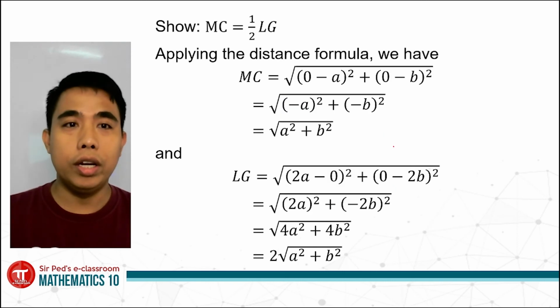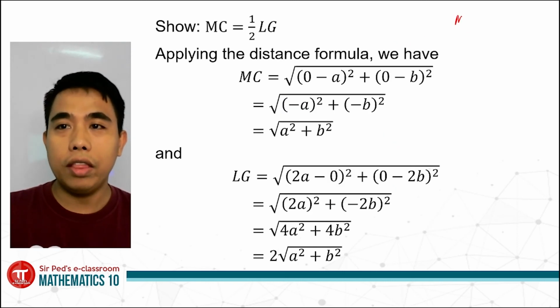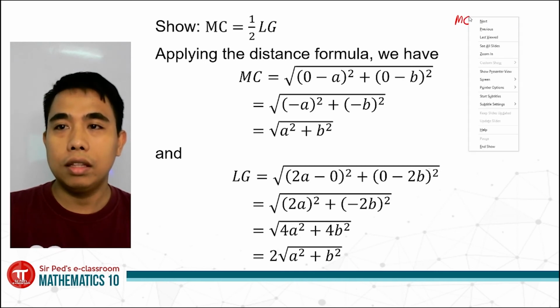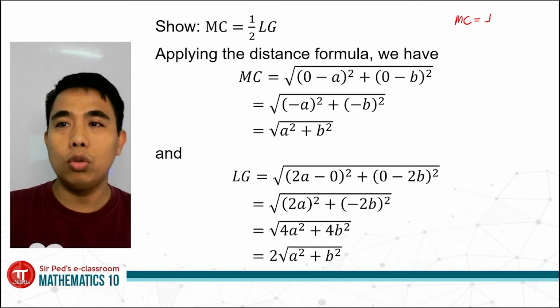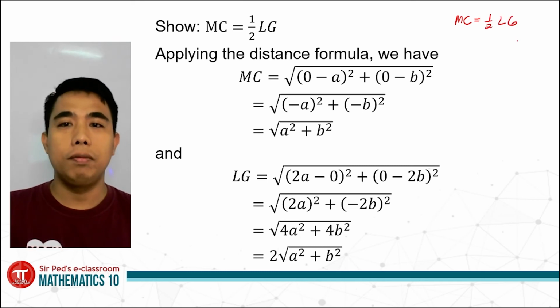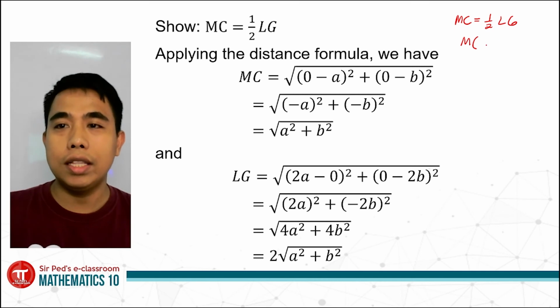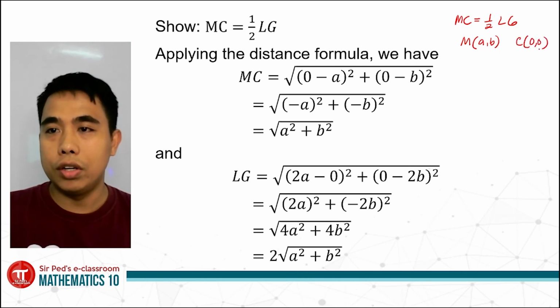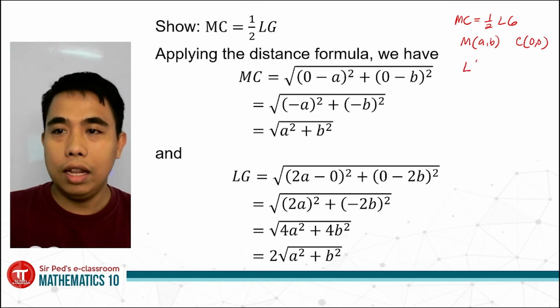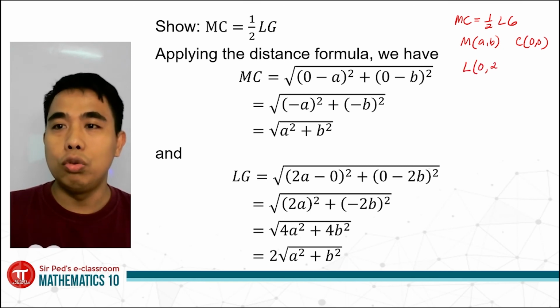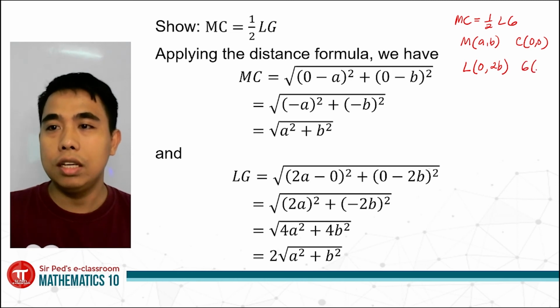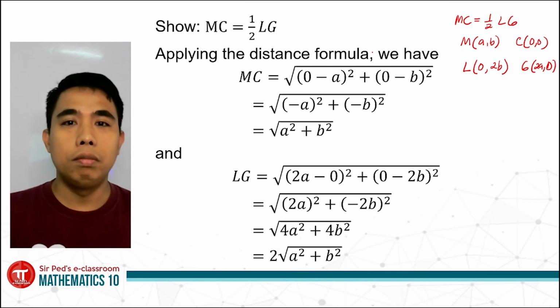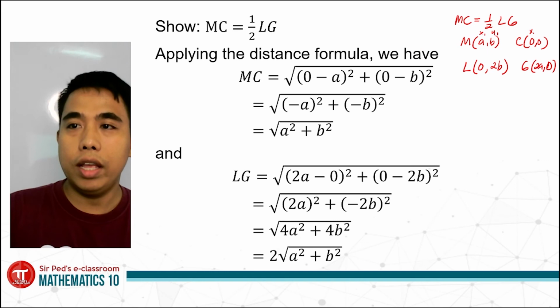Next, we're now going to show that the length of the median is equal to 1/2 the length of LG. So remember, the coordinates of M are (a, b). The coordinates of C are 0, 0. The coordinates of L are 0, 2b. The coordinates of G are 2a, 0. So we consider this as x of 1, y of 1, x of 2, y of 2.